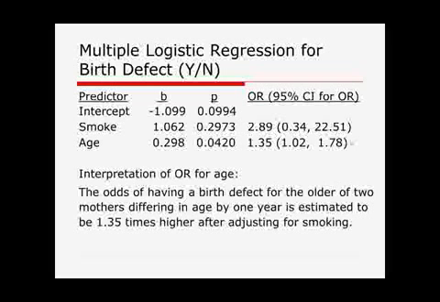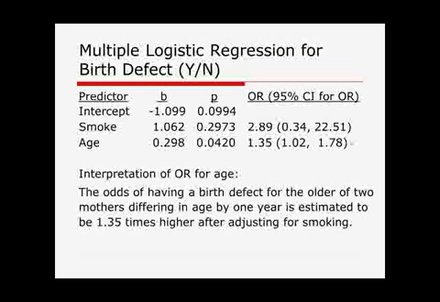Now, notice that confidence interval for the odds ratio around the estimate for smoking. It includes 1, which means it's not significant, and that's justified by the p-value. And I should say adjusting for age. So the risk of a birth defect is almost 3 times higher in mothers who smoke versus mothers who don't, adjusting for age. That is, however, it seems like a large effect, and it is. It's not statistically significant.